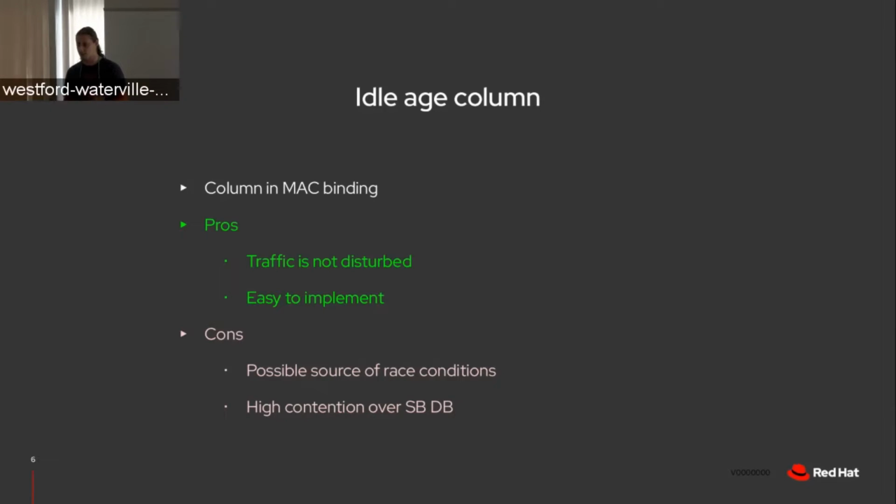As the name suggests, it tells us if there was recently any traffic passing through that OpenFlow flow, so we basically know that this flow is used. That means in turn that the MAC binding is used. The plus side of this approach is that we don't remove any MAC binding that is currently used. Another plus side is that it is very straightforward to implement.